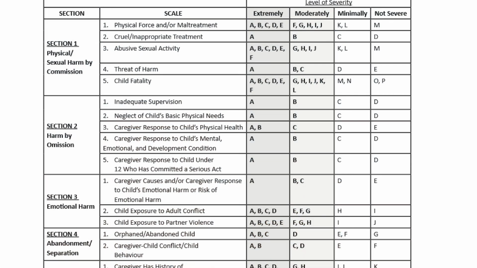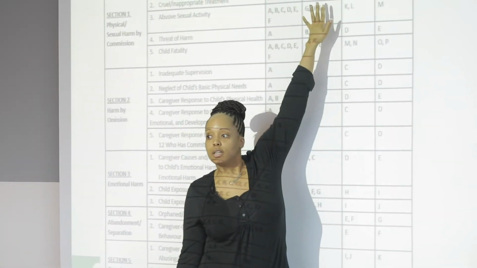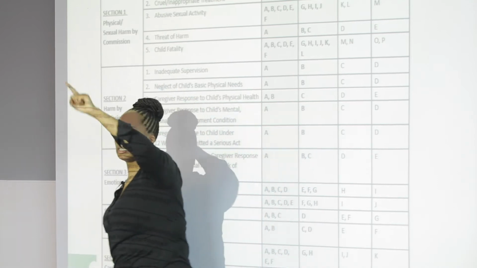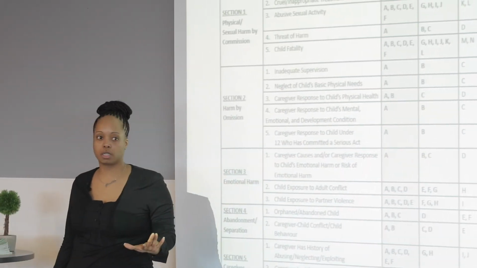Those two things fall in the exact same section, section 1. Because the child said, if you call home and tell mommy, she's going to beat me, it's physical force, but it falls under moderate because there's a risk that the child may be harmed. They haven't been harmed.